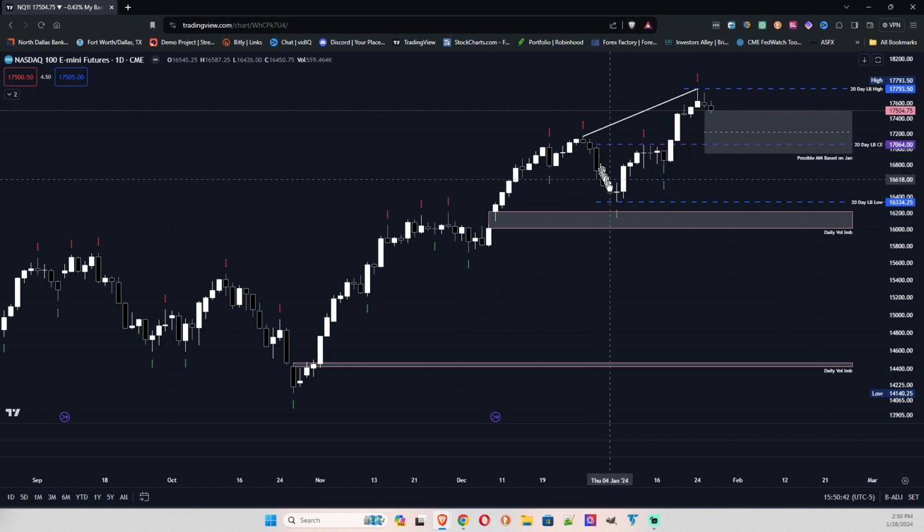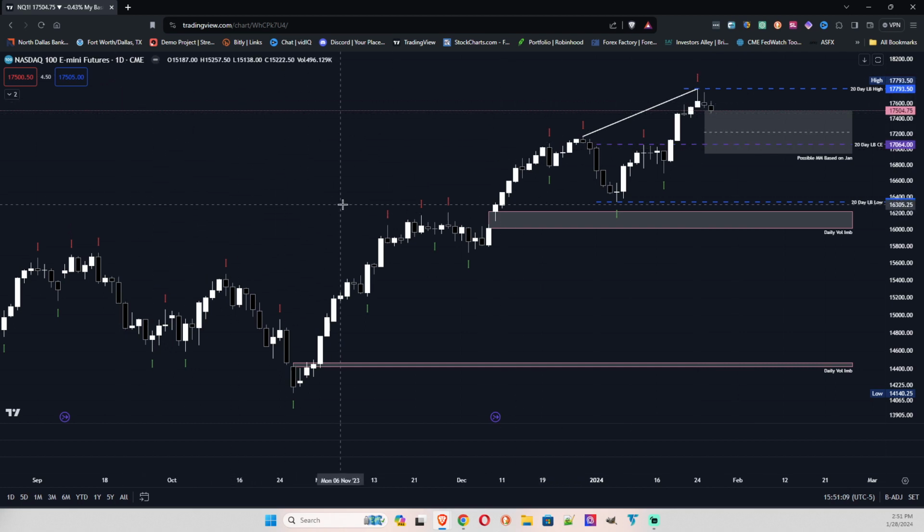So the sell off in January is equal to the height of this gray box. So it is possible that we do that. So that's why I have it here.